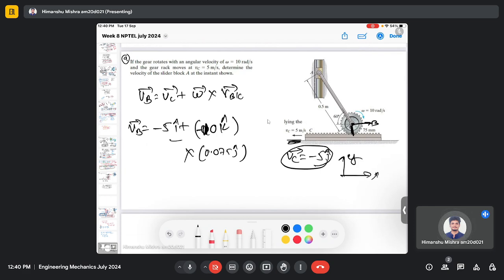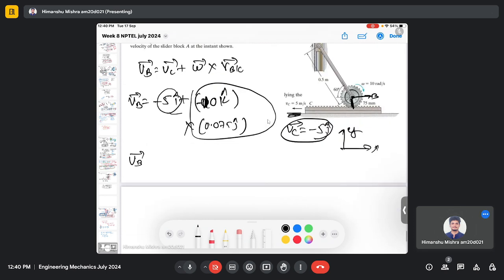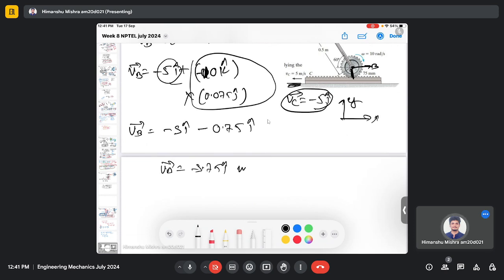So every component is in the x direction, because it's a cross product between k cap and j cap. So it will be minus 5i minus 0.75i. So VB will be minus 5.75 i meter per second.